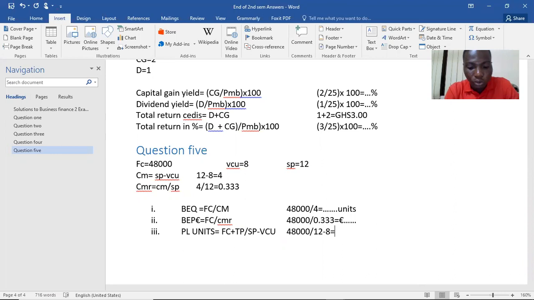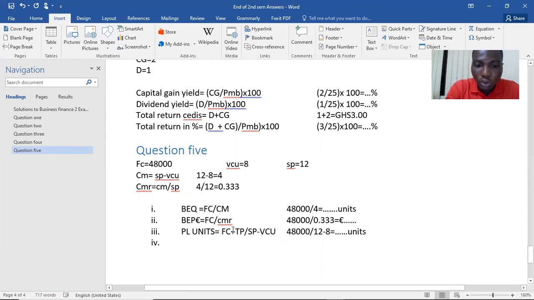Then whatever you get should be in units. Take notes, this one is the equation method.